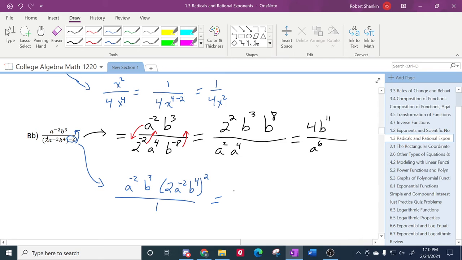And then I'm going to have a to the minus 2, b to the 3rd, times 4a. I'm going to distribute this exponent. The negative 4, b to the 8th, all over 1.